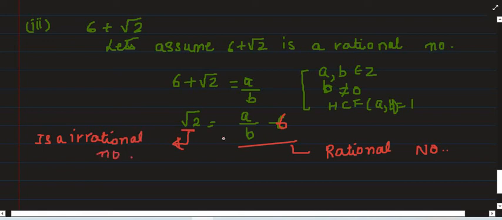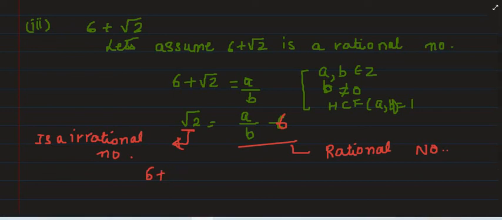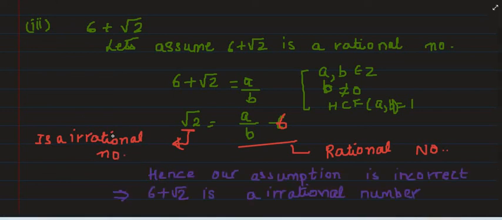So we cannot say these two are equal. So it has proved our assumption is incorrect. So we can say that 6 plus square root of 2 is an irrational number.